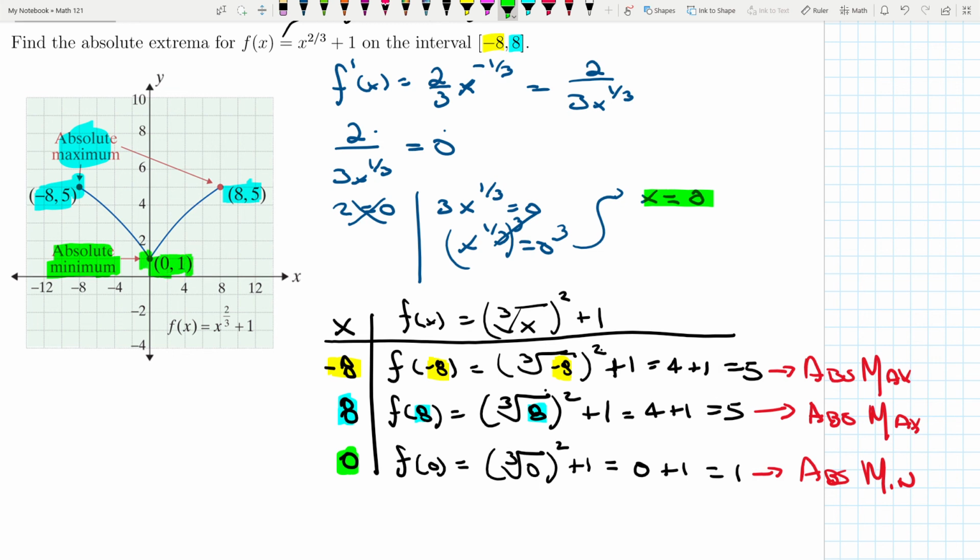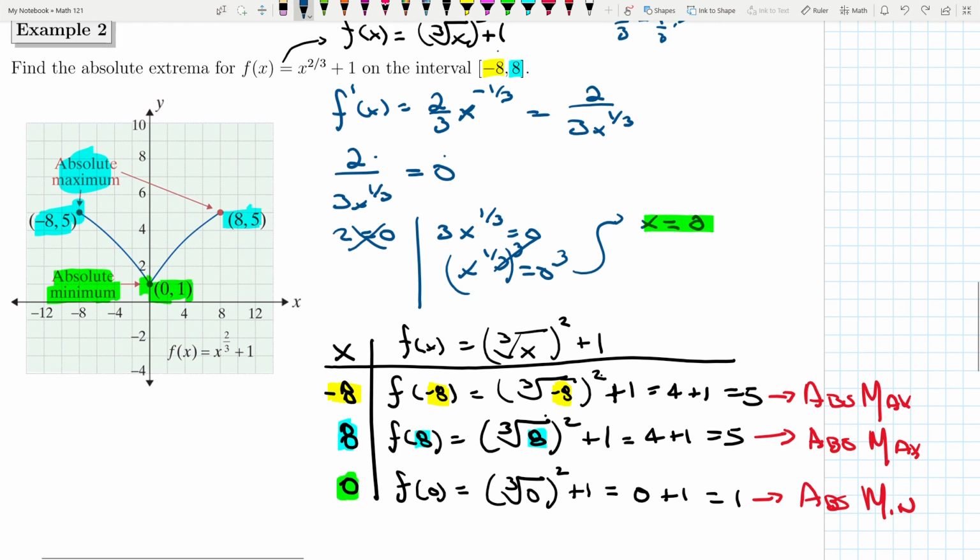Notice we're not using the entire graph, because technically this graph goes on forever on one side and on the other side, but we're only looking at the portion of the graph that contains the interval from -8 to 8.